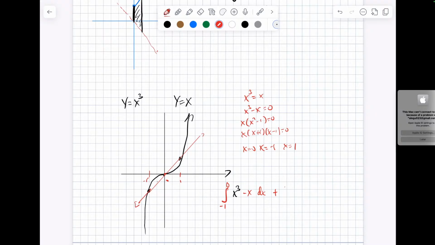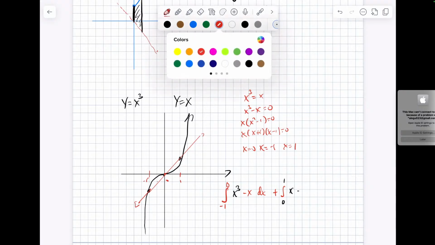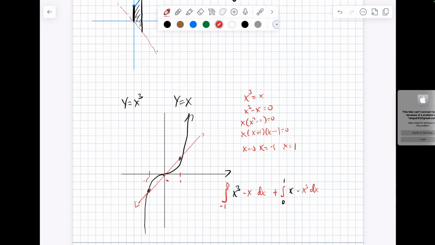And then adding from where to where? 0 to 1, which one's on the top? Minus what? Use decimals, see if you can figure out the answer.